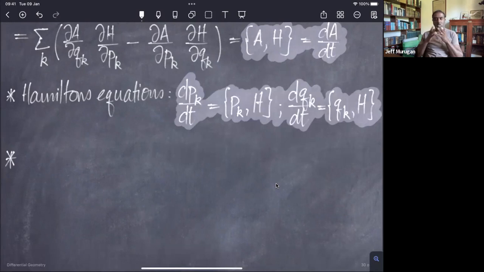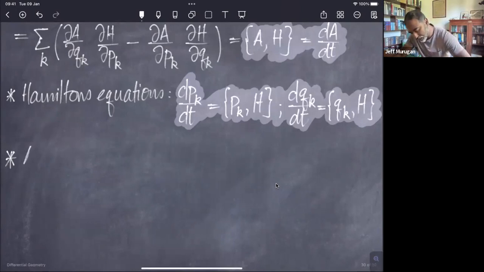In other words, if A is a conserved quantity on phase space, then dA/dt is equal to 0. But if dA/dt is equal to 0, that means that the Poisson bracket of A with the Hamiltonian must necessarily vanish. Again, in the quantum mechanics setting, we would say that we have a conserved quantity on our hands if that quantity commutes with the Hamiltonian. So this is nothing but the classical analog of those statements that you might be familiar with already.